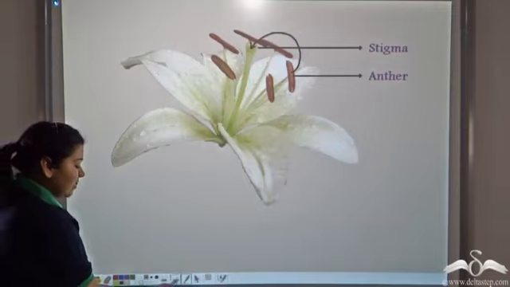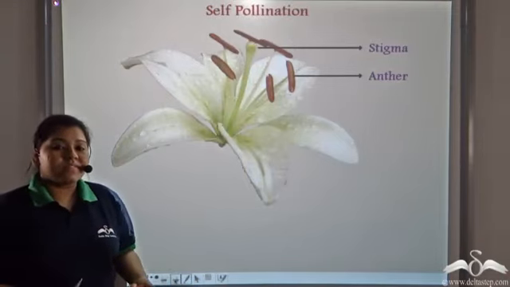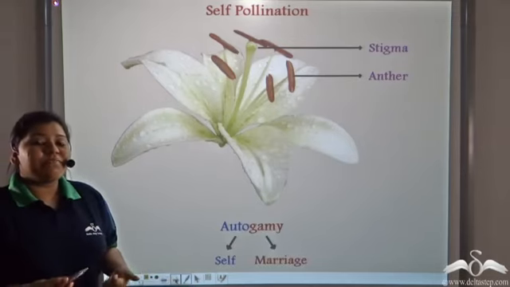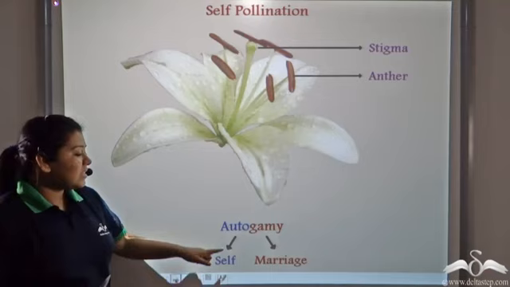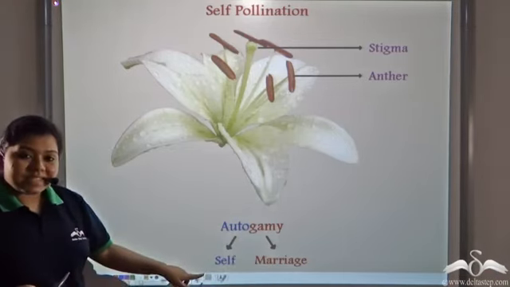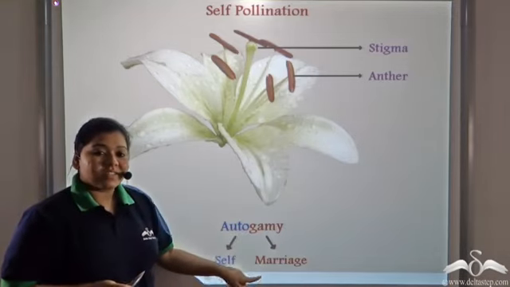So yes, self-pollination is possible. And this type of self-pollination is known as autogamy, where auto means self and gamy means marriage.